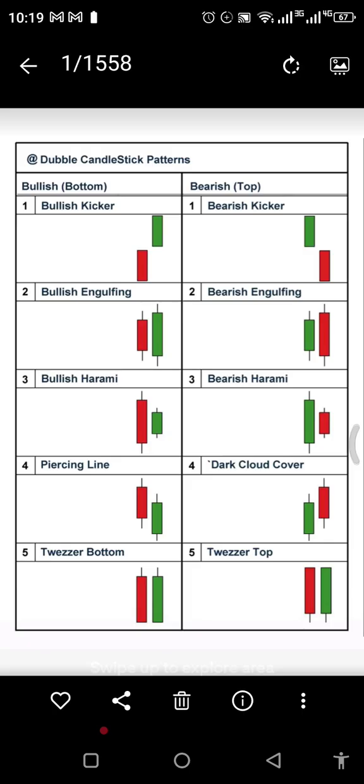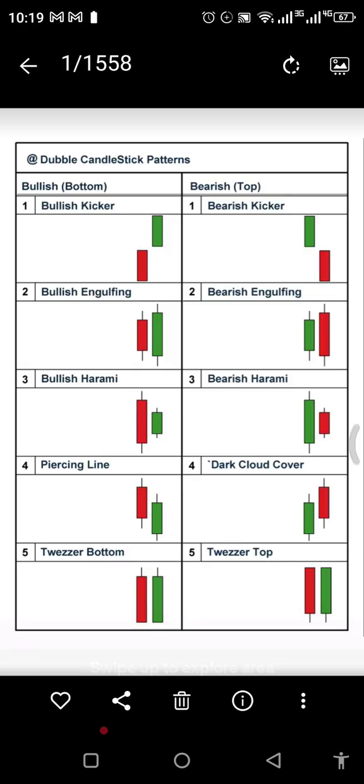The reason why we are building it step by step is so that at whatever level in your trading journey you are, you can connect the dots and have a good advantage to success. So on the double candlestick patterns, if you can see my screen, you would notice that it's on sides.